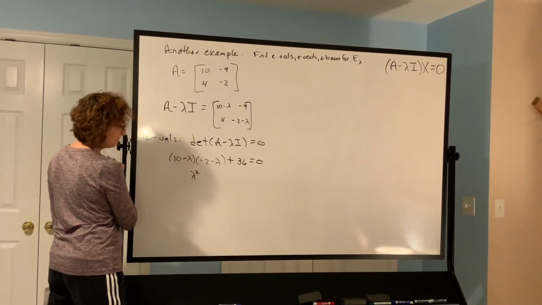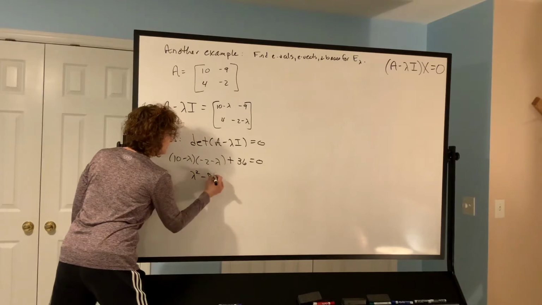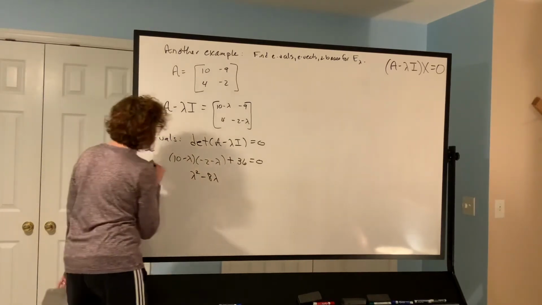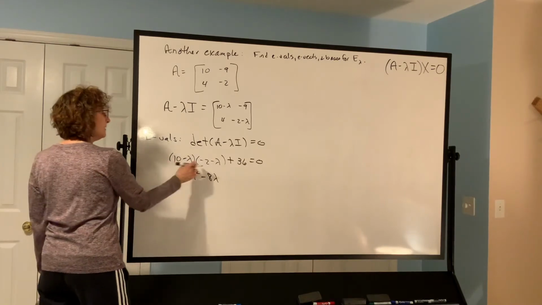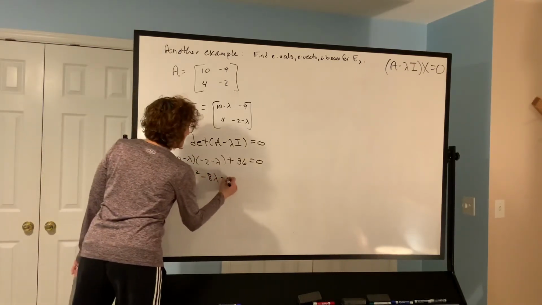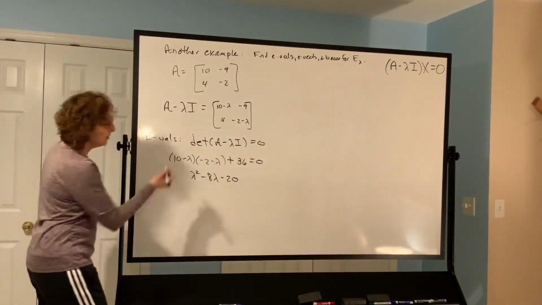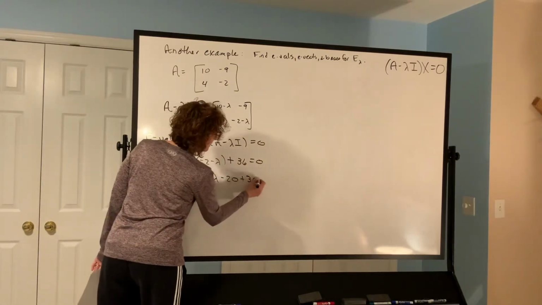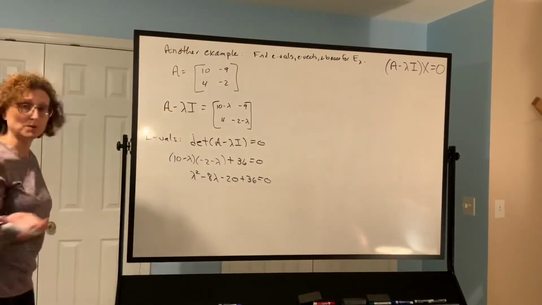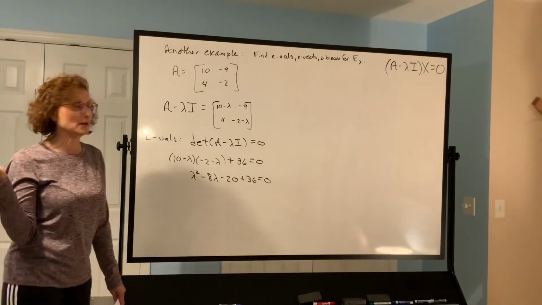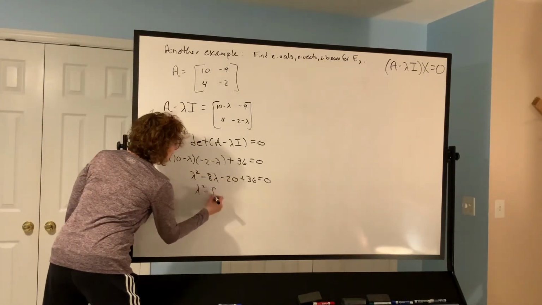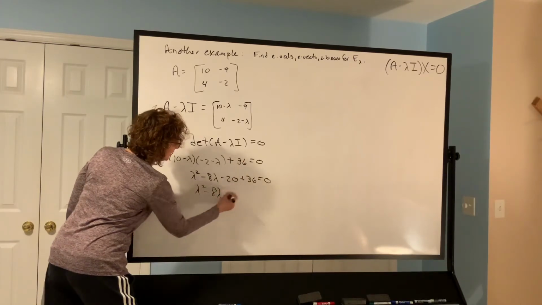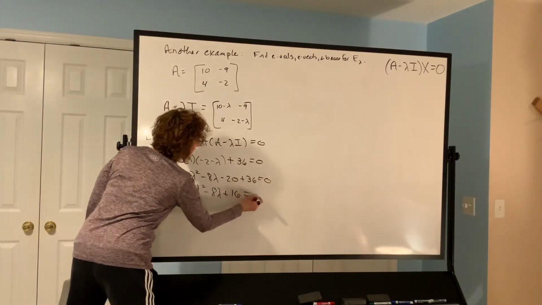Minus 10 lambda plus 2 lambda is minus 8 lambda. And then my lasts: 10 times negative 2, negative 20, plus 36. So be careful doing these steps, because if you end up with the wrong polynomial, it's going to mess up the entire thing. So what do we have? Lambda squared minus 8 lambda plus 16 is equal to 0.